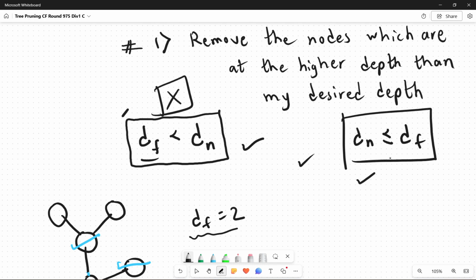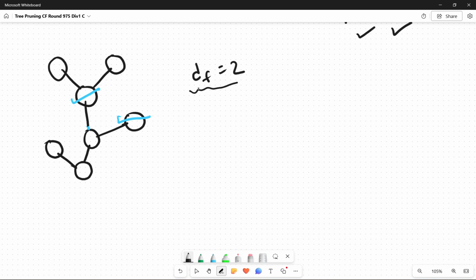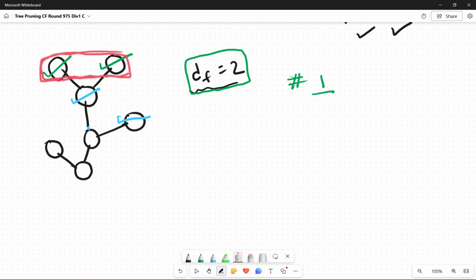For df equal to 2, listen carefully, this is the most important part of the solution. These two nodes are going to get eliminated through observation number 1.